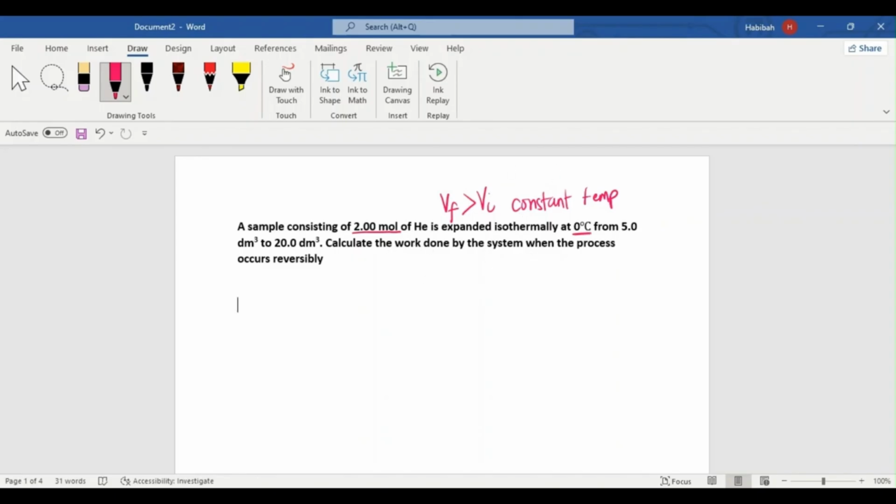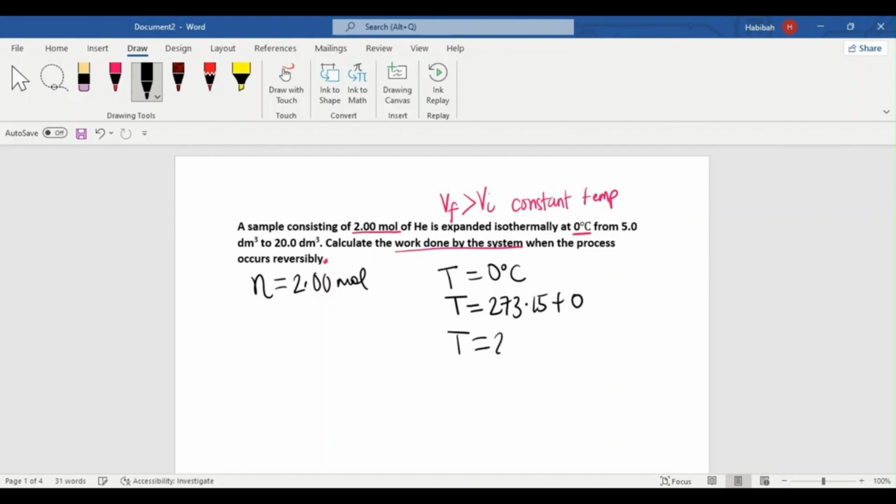So now we're supposed to calculate the work done by the system when the process occurs reversibly. The first thing we have to do is write down parameters. So we have n equals 2.00 mole, temperature equals 0 degrees Celsius, which we can convert to Kelvin: 273.15 plus 0 is the same thing as 273.15, and because now it's in Kelvin, we put the K there.